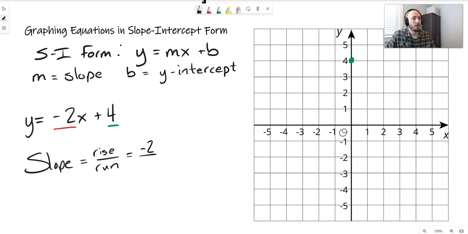So I know that my rise is negative 2, so I can go down 2, and then my run is positive 1, so I can go to the right 1 to find our next point. So we go down 2, 1, 2, and to the right 1. And that gets me my next point, and that is all I need to graph this equation. Looks a little something like that.